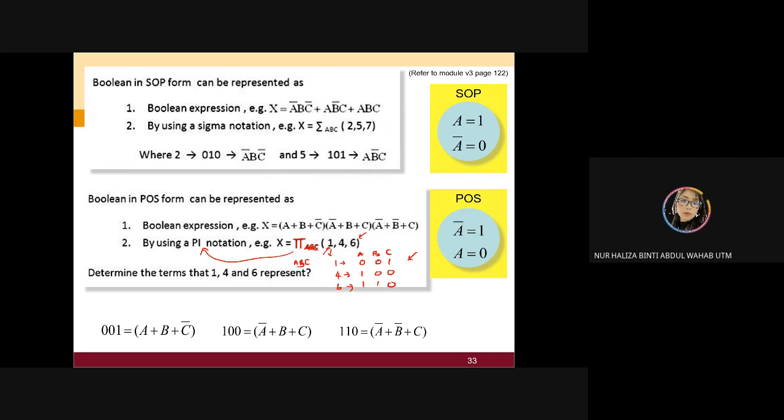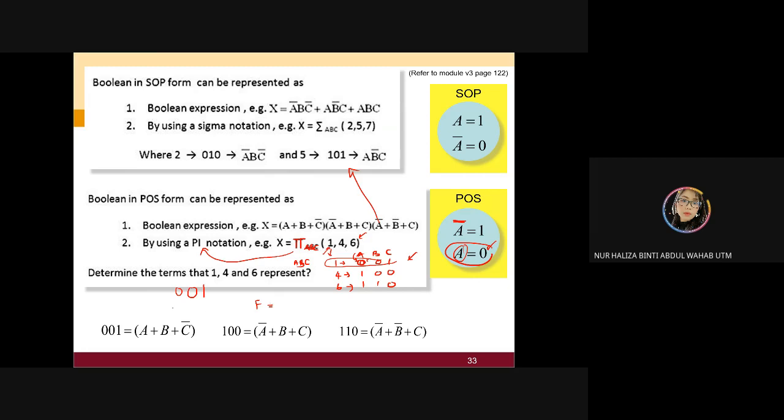And from this part, I know, okay, this is totally different from SOP, because now if A equals 0, it's going to be A. If the A value here is 1, then it's going to be A bar. So here will be 0, meaning that it is A. My Boolean expression will be, I look at number 1, which is 001.